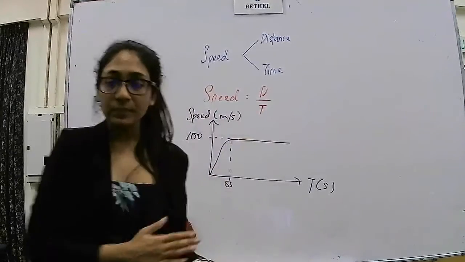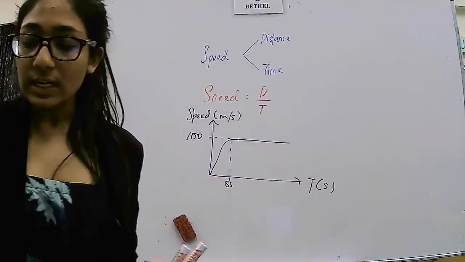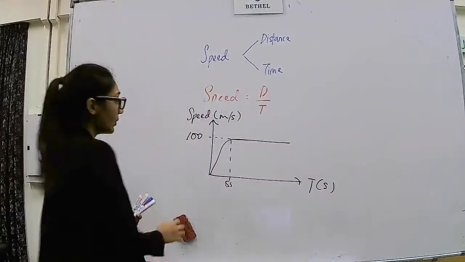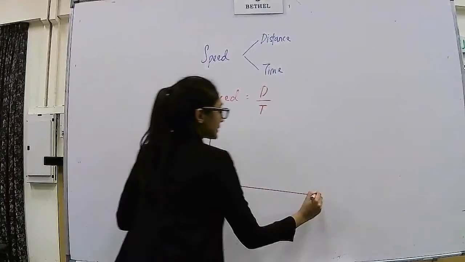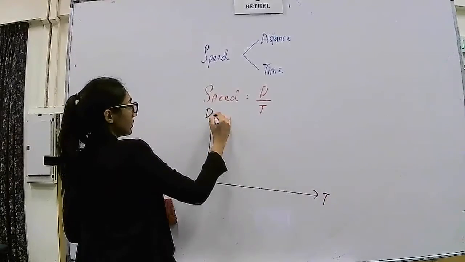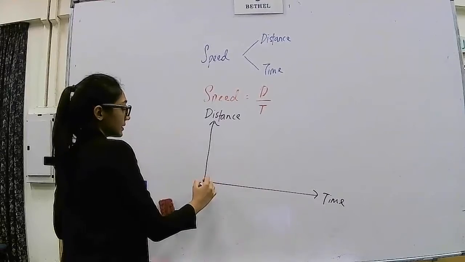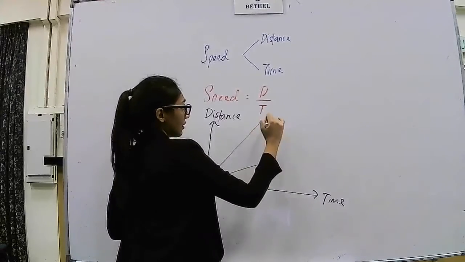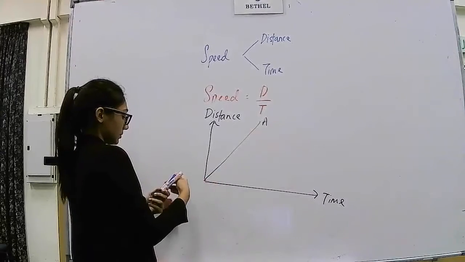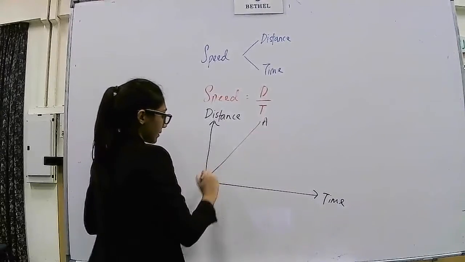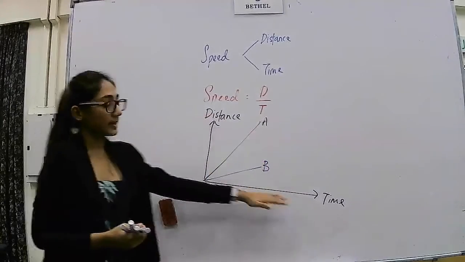So that is speed, average speed, and the distance time graph, and here I also showed you a speed time graph. One last thing. Let's say I have a distance time graph, with line A and line B. For any graph, I have a y-axis and an x-axis.